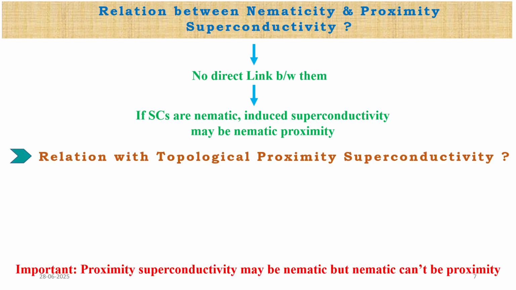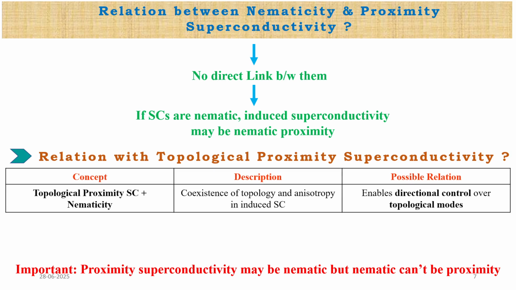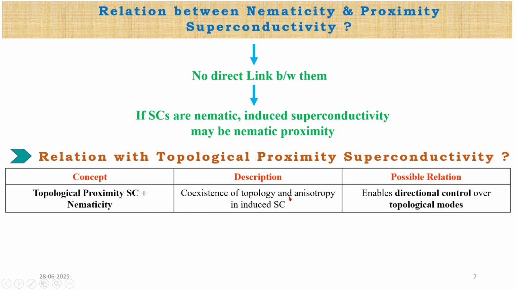So with topological superconductivity, what are the relations? The concept is that the proximity is topological proximity superconductor plus nematicity. The description is the coexistence of topology and anisotropy in induced superconductors, and possible regions enable direction control over topological modes.